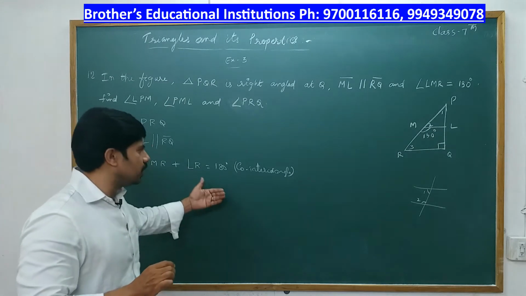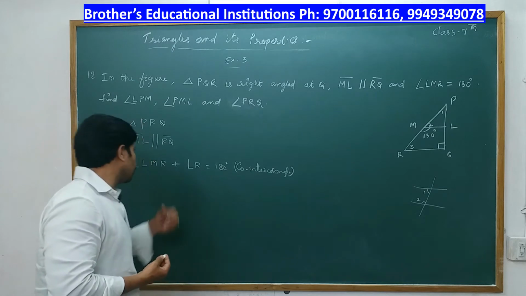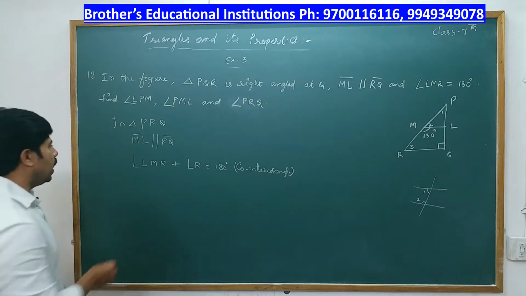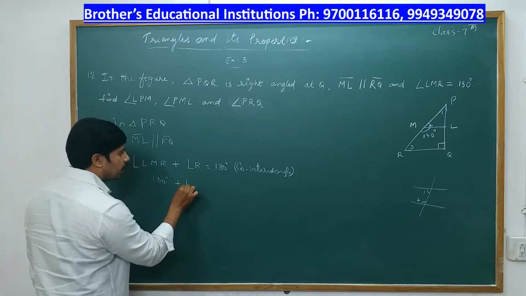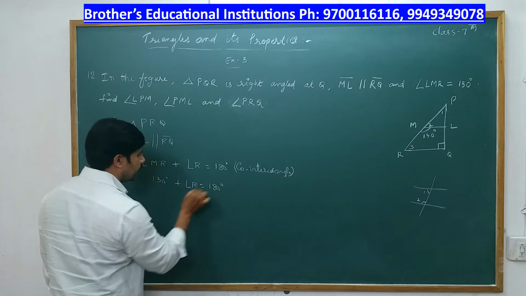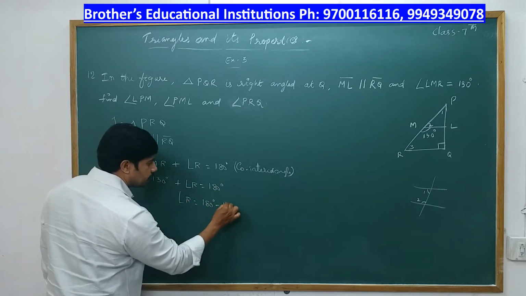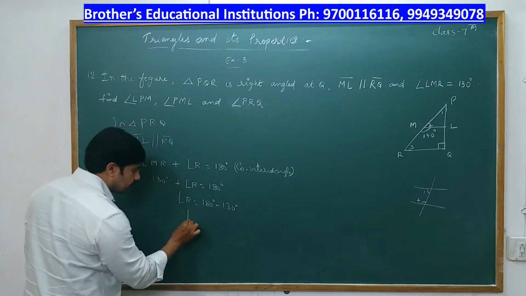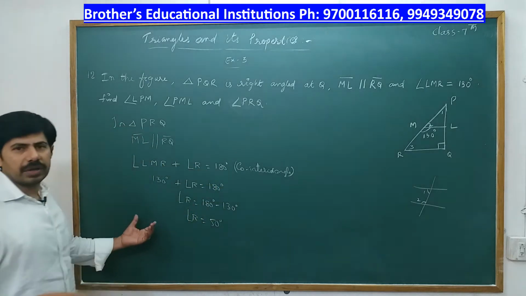So what is angle LMR? LMR is 130 degrees plus angle R is equal to 180 degrees. So angle R is 180 degrees minus 130 degrees, which is 50 degrees. So we got angle R.